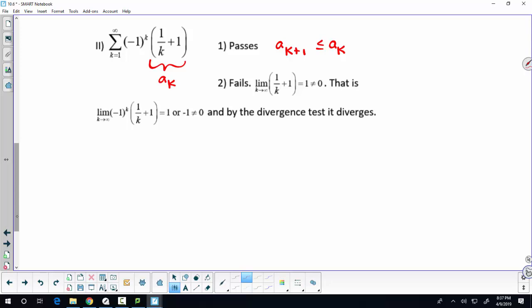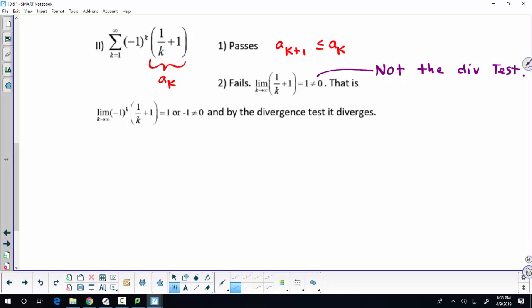And again, notice the second condition for any alternating series, it's not the divergence test. The divergence test says we look at the entire series, right? Not just a sub k.